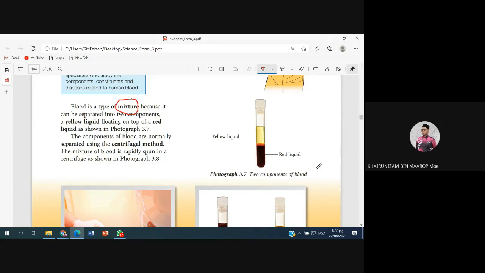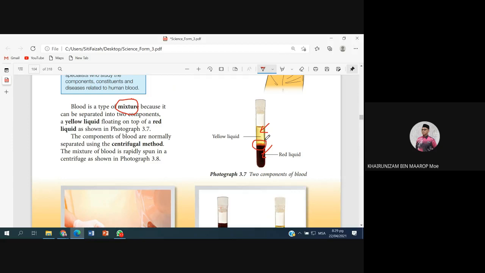If you look at this photograph, this blood is already separated: yellow liquid and red liquid. Actually, there is another thin layer here between the yellow liquid and the red liquid.